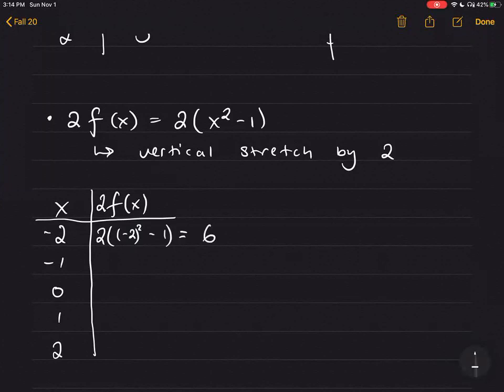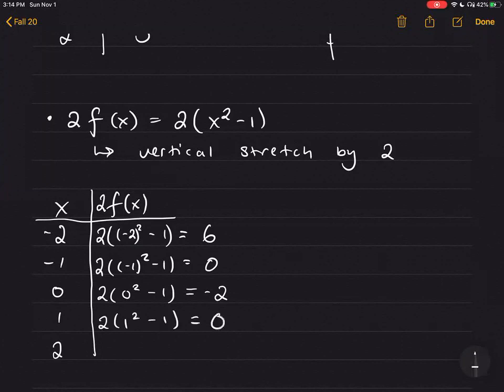Then 2 times -1 squared minus 1 comes out to 0. 2 times 0 squared minus 1 will be -2. And then similarly, over here, it'll be 0, and this will be 6 again.